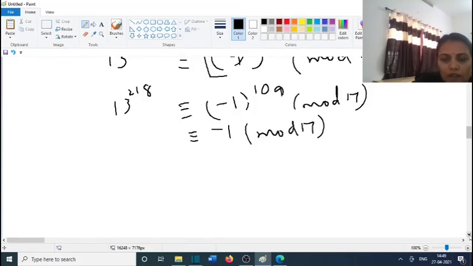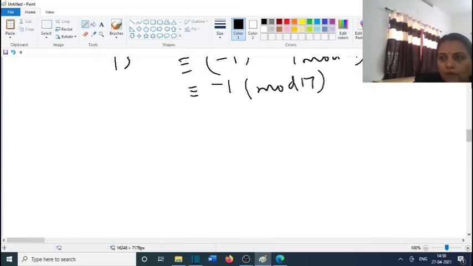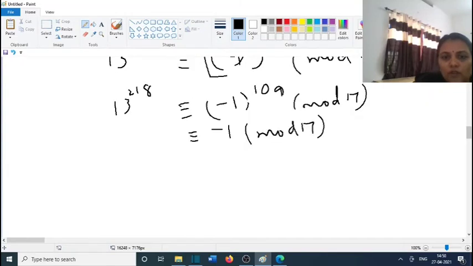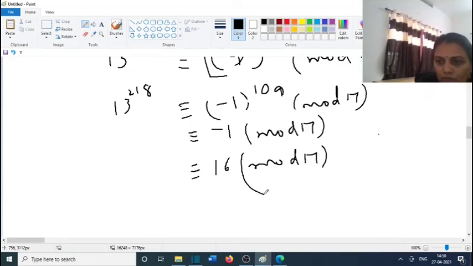Now the remainder is a positive value. We will take a positive value from 0 to 16. So add 17 to this number. So this will be 16 mod 17. Minus 1 plus 17 equals 16.